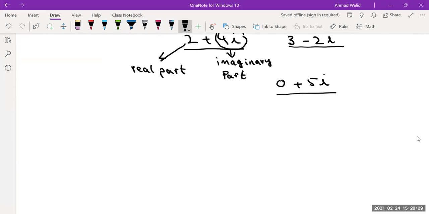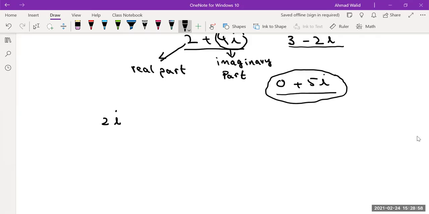Now, a question arises after the last example, 0 plus 5i. If I write 2i, can I say 2i is also a complex number? Should I say yes or no? Or I just say no, 2i is just an imaginary number. Can I call this one also a complex number?